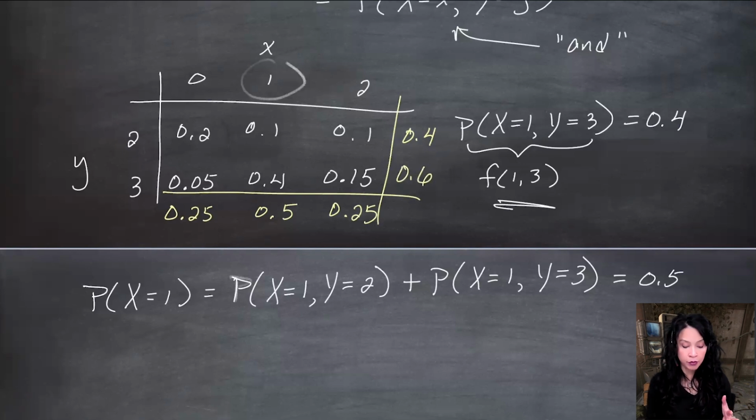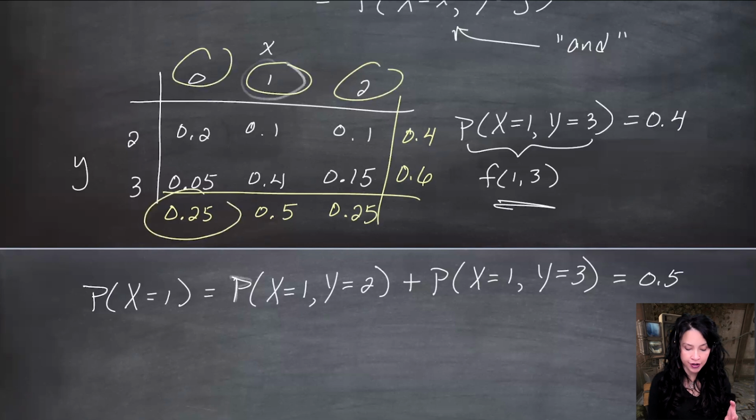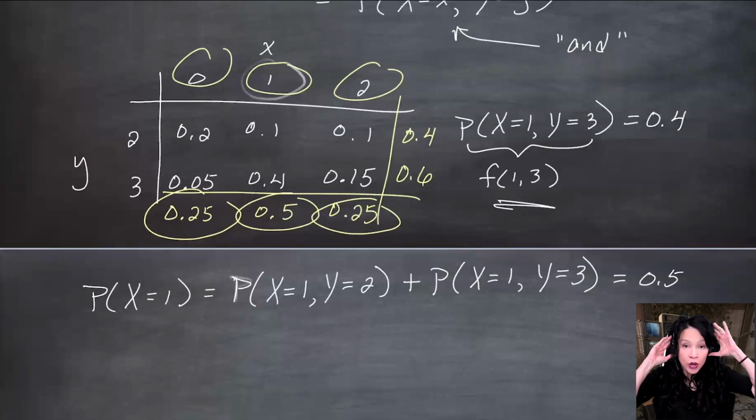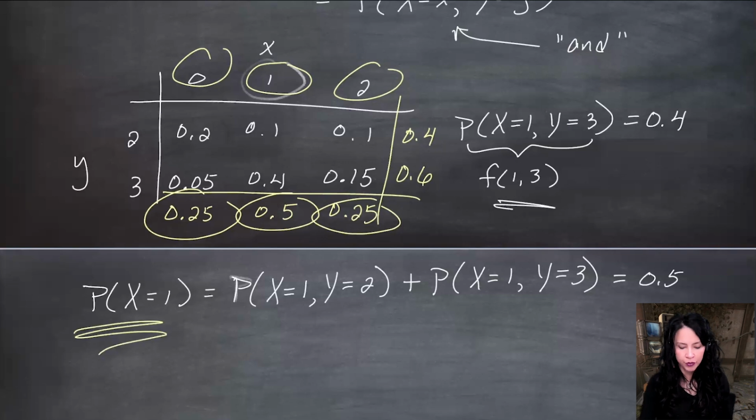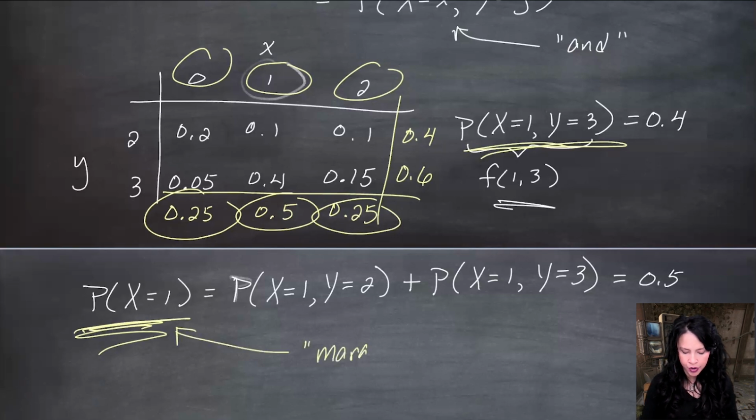I can find the probability that, say, x is 0 or 1 or 2 down here in the margin of the table. For this reason, when we start with joint probabilities, we call these individual probabilities marginal probabilities.